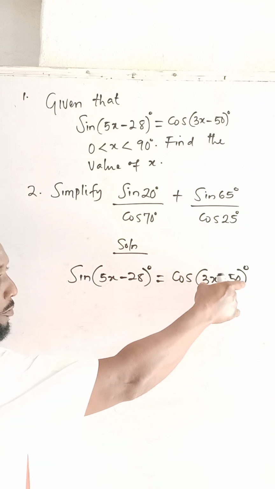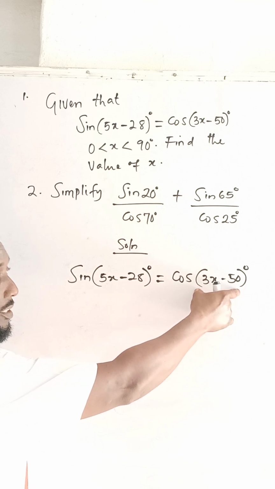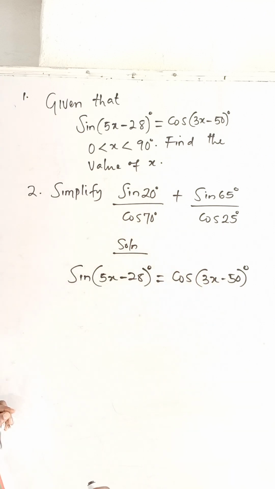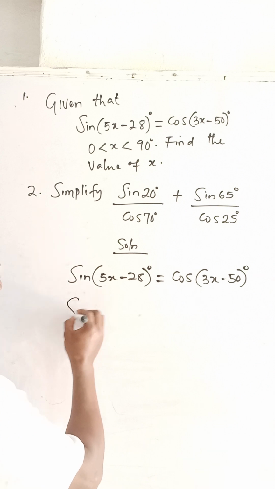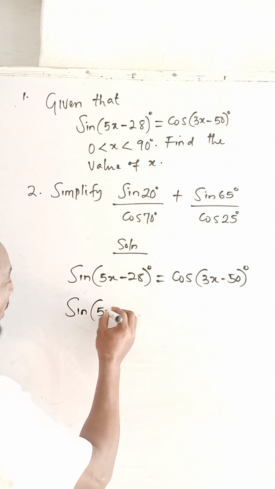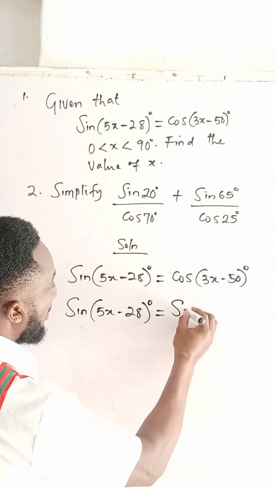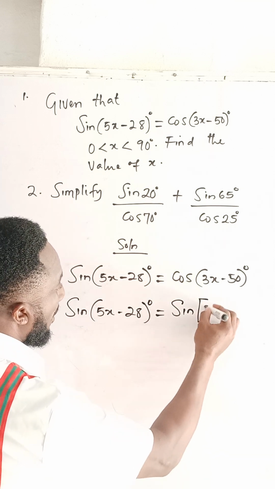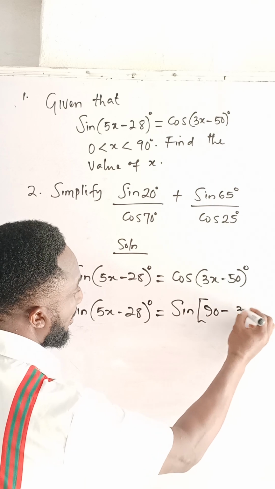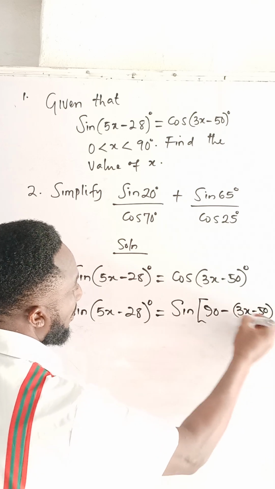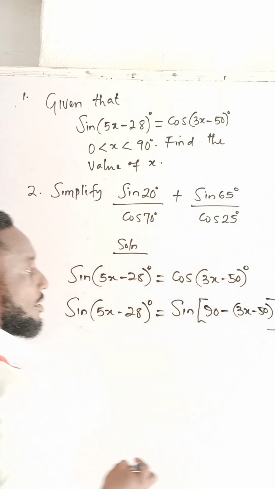That means I'm going to subtract this angle from 90 degrees, then cosine becomes sine. So I'm going to have sine 5x minus 28 degrees equal to sine of 90 minus 3x minus 50 degrees.